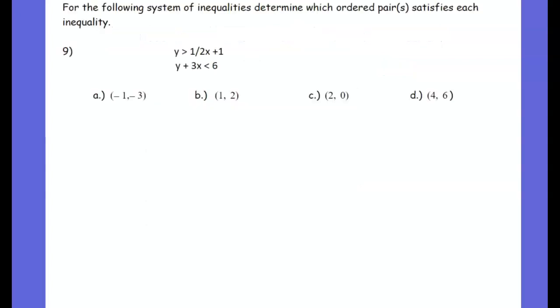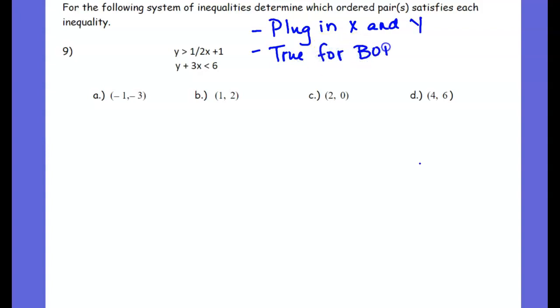Now for the following system of inequalities, we want to determine which ordered pair satisfies it. All you have to do is plug in your x and y, but it needs to be true for both to be a solution. If it's false for one, you can move on because it's not going to be a solution.